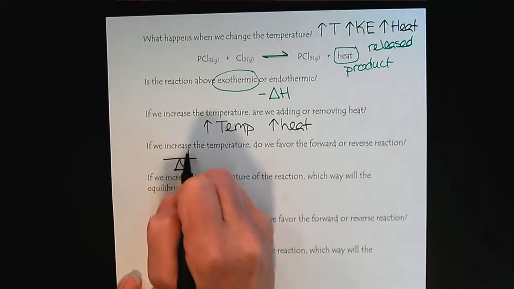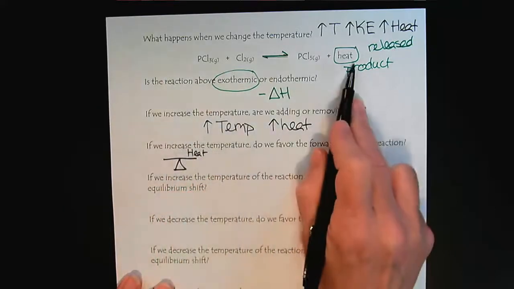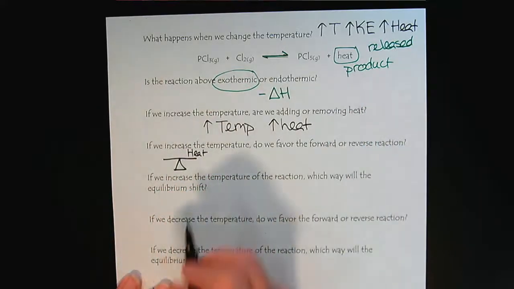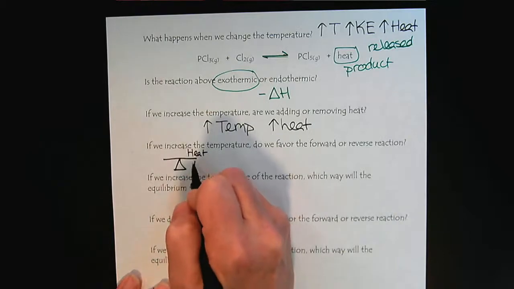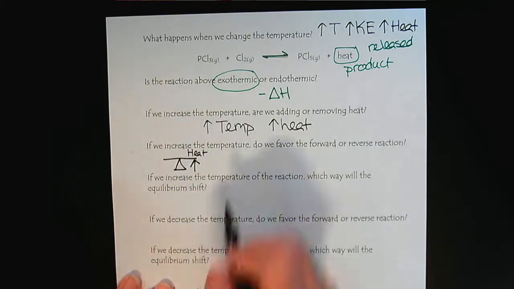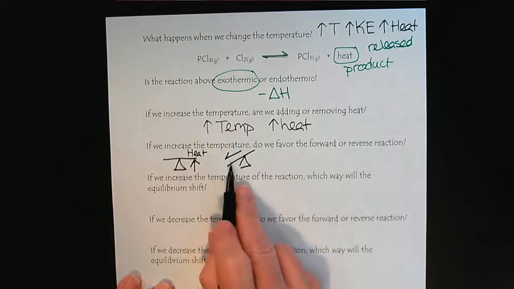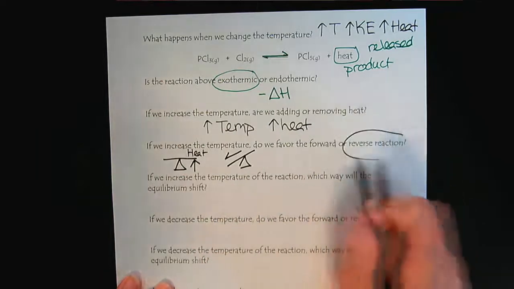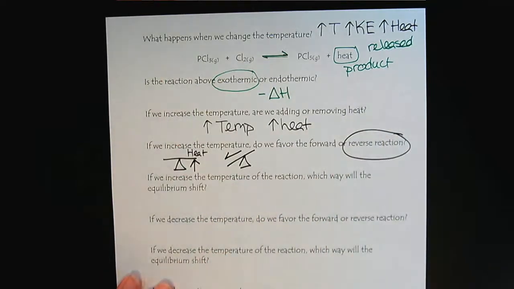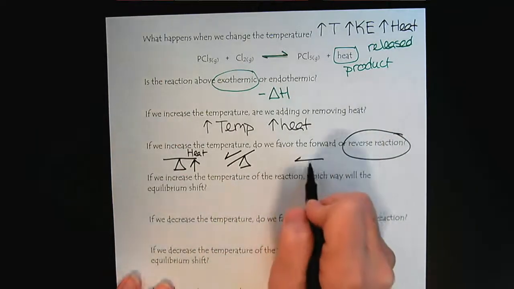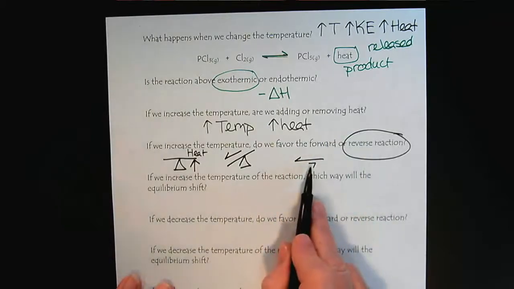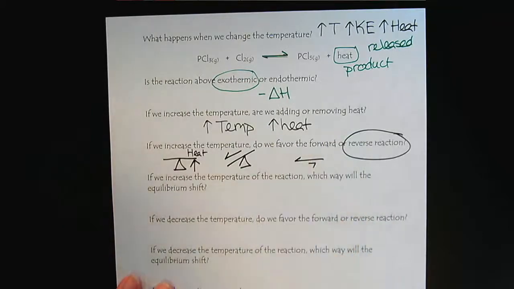So we put heat over here on the right because that's where it appears. And so if we increase the temperature, we're increasing the heat. So we are going to slide the reaction to the left, and so that favors the reverse reaction. So if we were drawing our equilibrium reaction arrows, we would put a large arrow to the left.